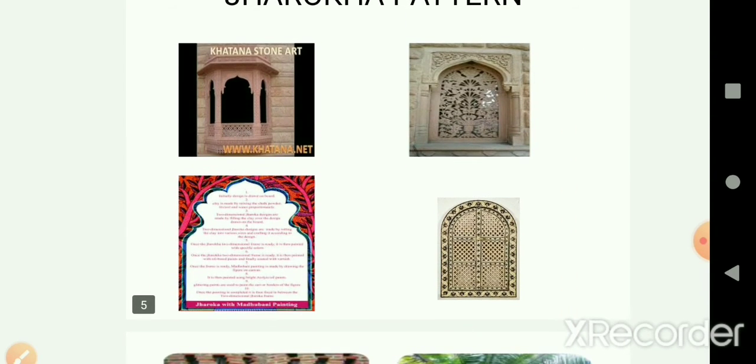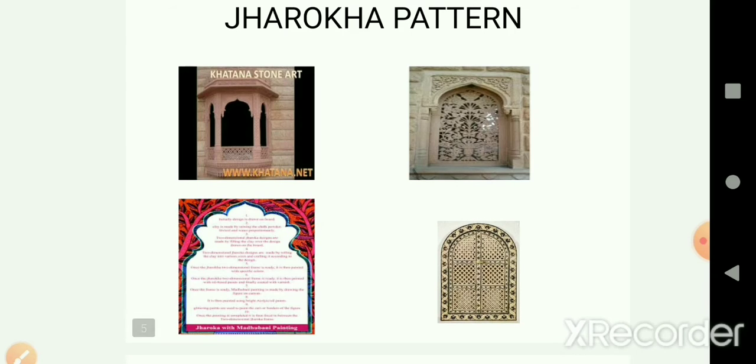Then our next pattern is the Jarokha pattern. Jarokha pattern, so see the pattern here, it is the Jarokha pattern. We found Jarokha patterns in old buildings.